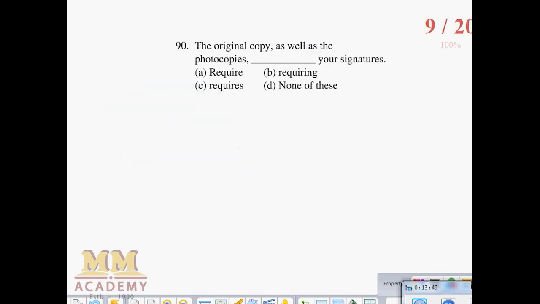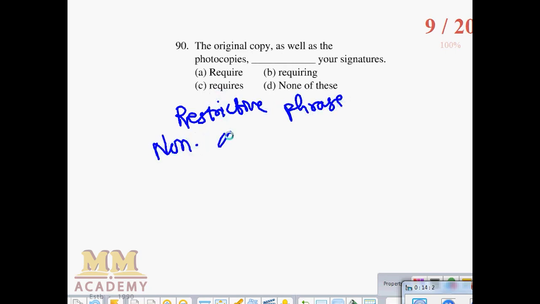Okay. The original copy as well as the photocopies dash your signatures. Remember, we have got two types of phrases: restrictive phrase and non-restrictive phrase.